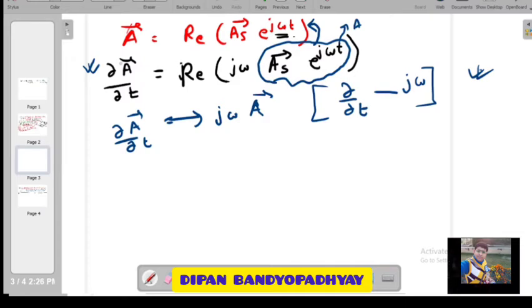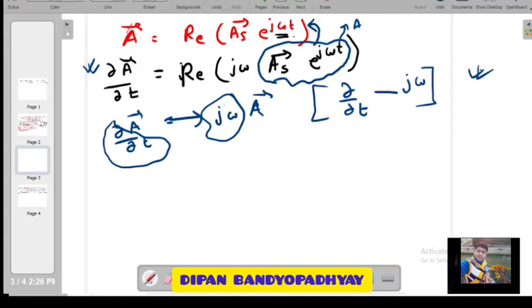So that is why we are concentrating on this one. Okay. So what we can do is, instead of del t, we can write j omega. This is basically an equivalence.